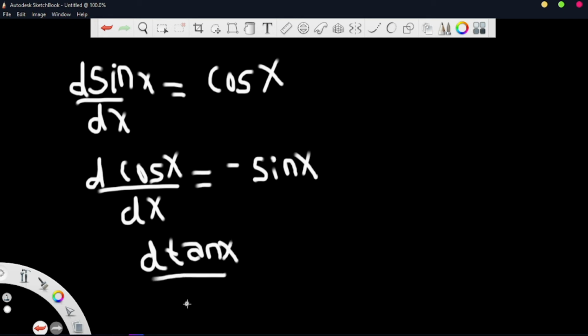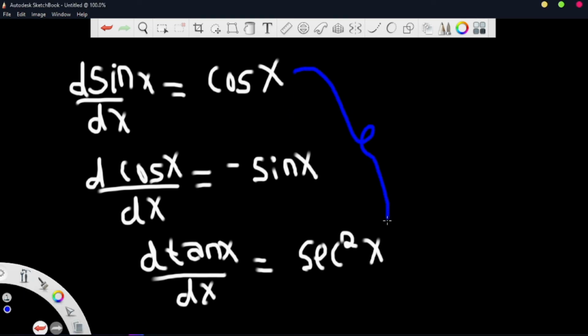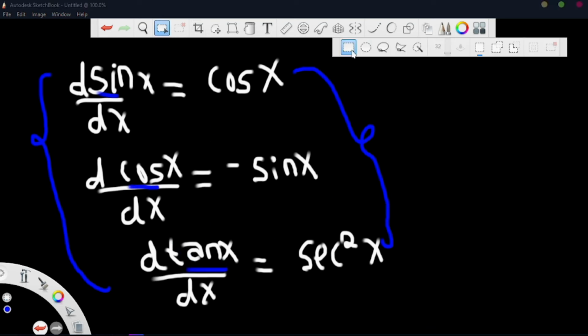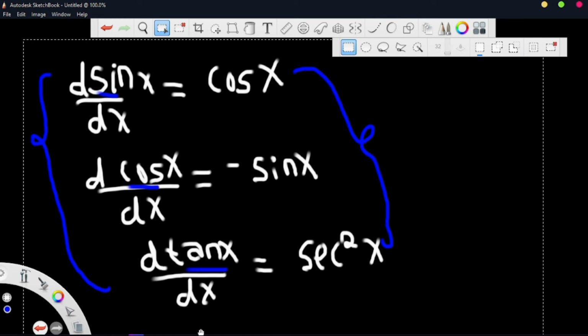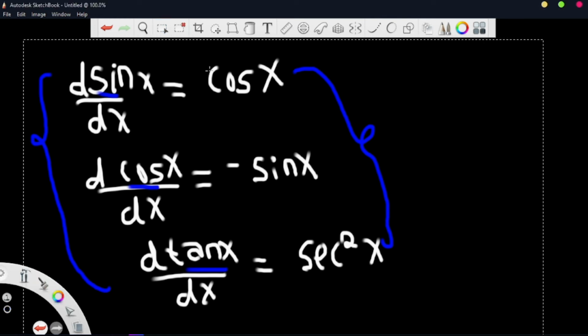Once you use the quotient rule, you can find that the derivative of tan is sec squared of x. So these are the basic derivatives of the basic trigonometrical ratios, sine, cos, and tan. Just in case you are given this in a question, it's very handy to know those, especially for pure mathematics. I'm sure such a question can arise.